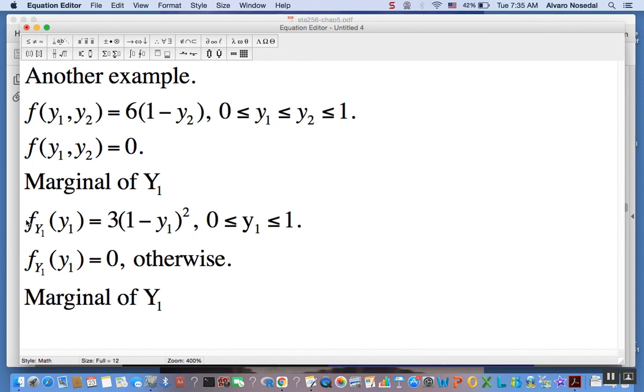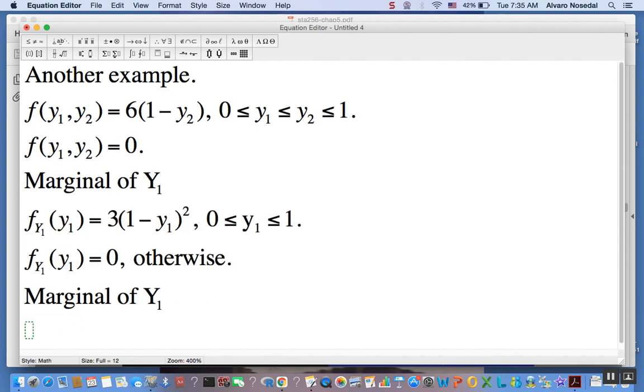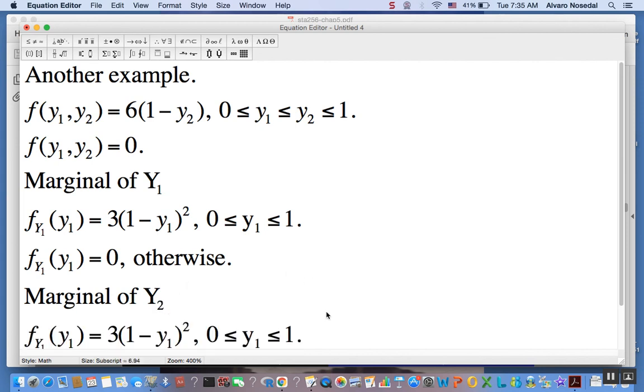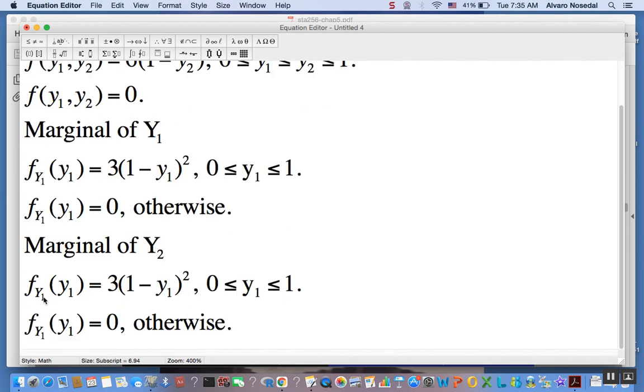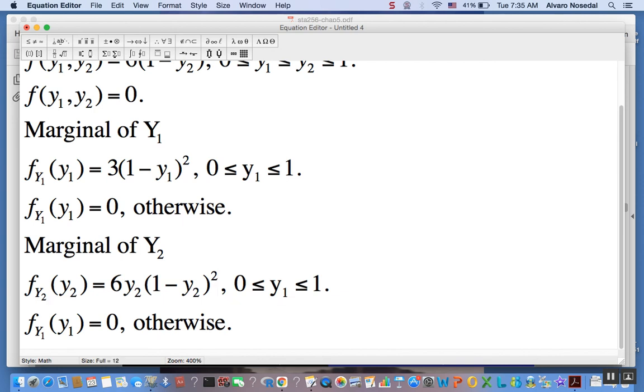let me copy paste this, it's going to be kind of useful. Now we have y2, but now it's 6 times y2 times (1 minus y2).